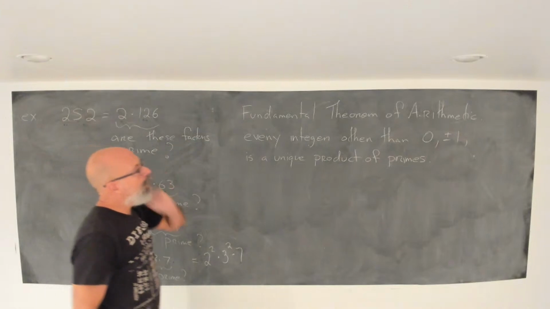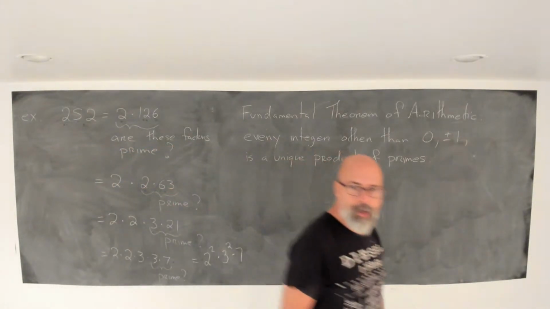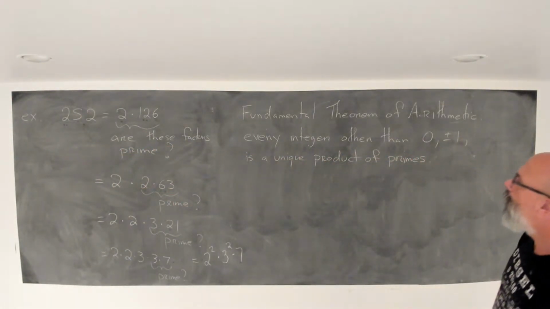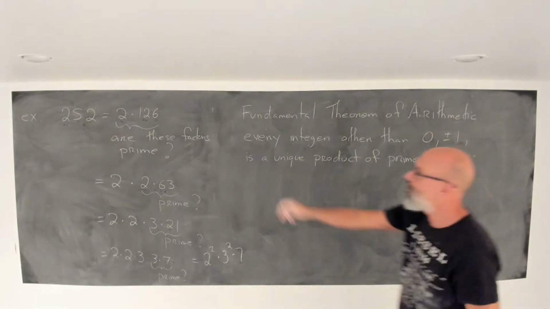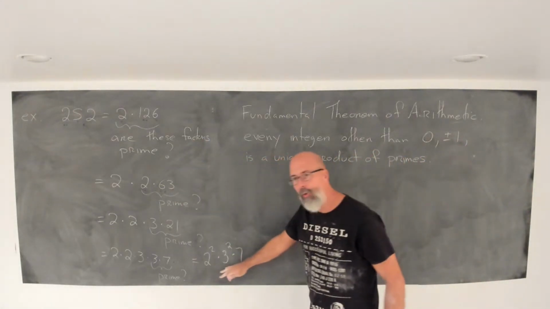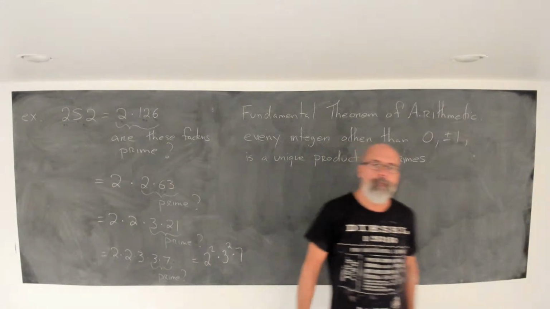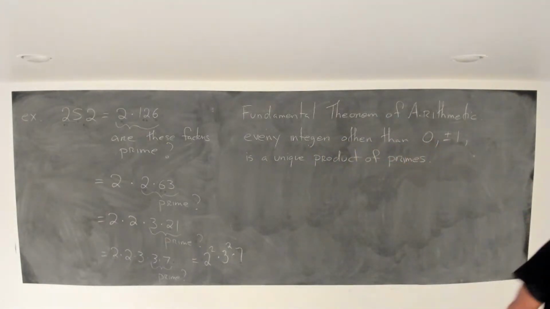So every integer other than 0 and plus or minus 1 is a unique product of primes. In other words, this idea can always be repeated.